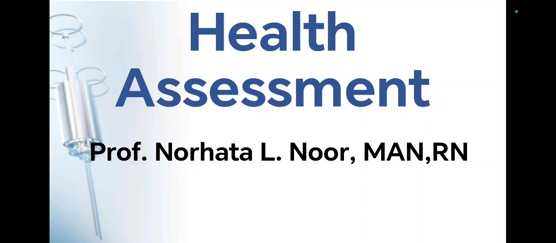So previously, we have discussed the introduction to health assessment. Based on the framework, the very first thing that we need to do is a general survey and then take the vital signs. Now, the next that we have to assess is the head, which includes the eyes, ears, nose, the mouth, and the throat, and then the neck, and then it follows.